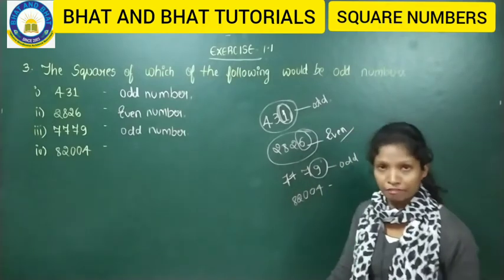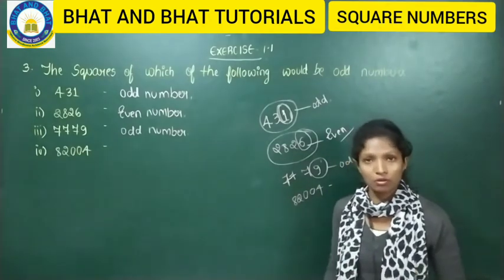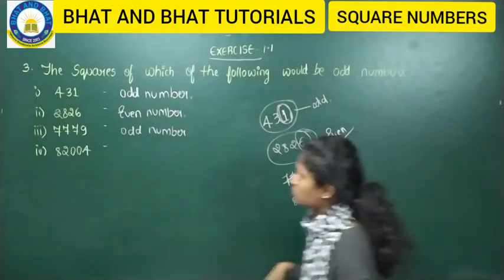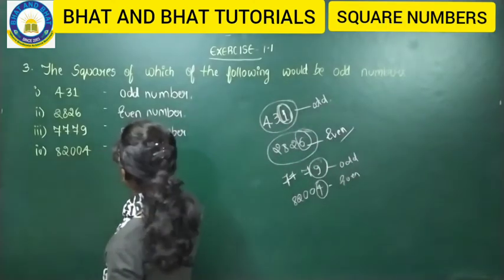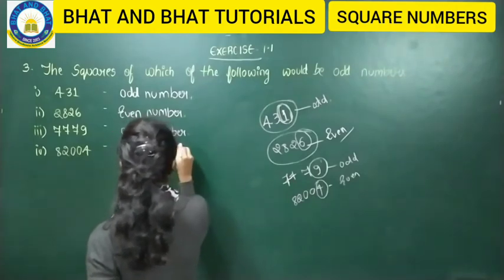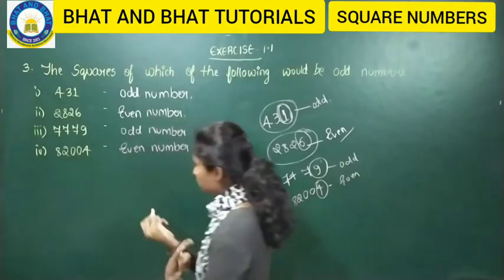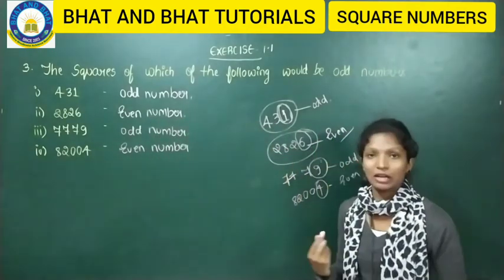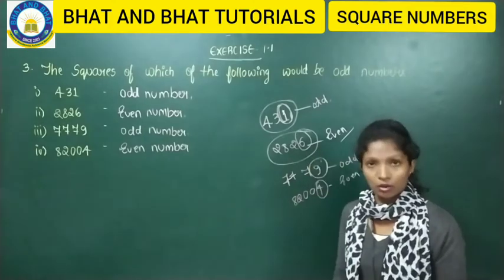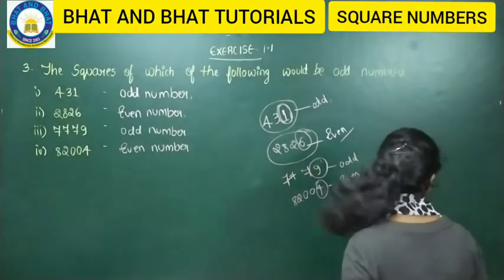Is 4 an odd number or an even number? 4 is an even number. So this 82,004 is an even number. This is how you can solve it very quickly. See the last digits, whether they are odd or even. By that you can easily recognize whether the square numbers are odd numbers or even numbers.